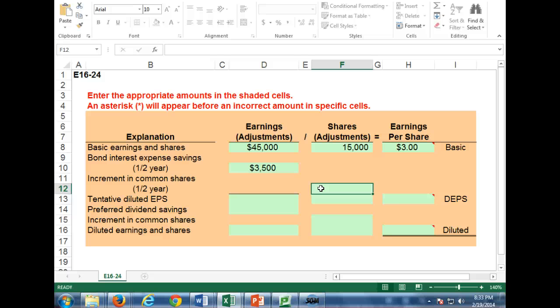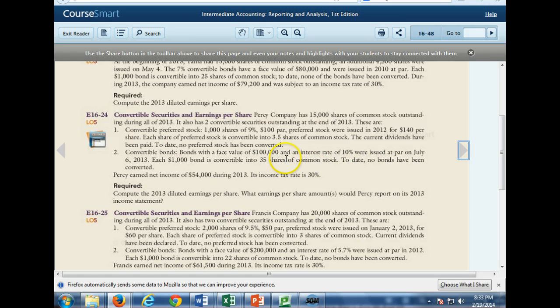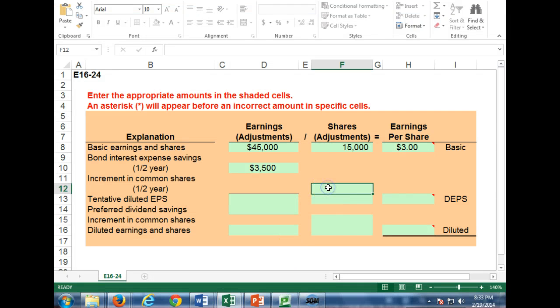How many shares of common stock do the bonds get? $3,500. 35 shares, you were saying. 35 shares per 1,000, right? So 35,000, 3,500 shares. I think they should be switched. The interest expense would be a different number. Okay, wait a minute. Bond interest, 35, increment in common shares.